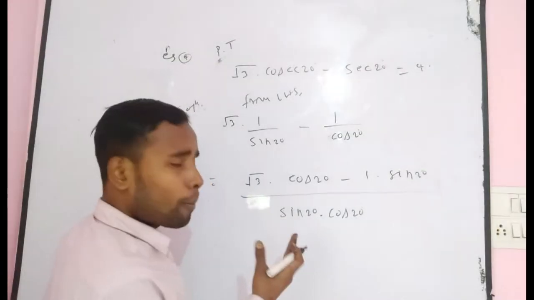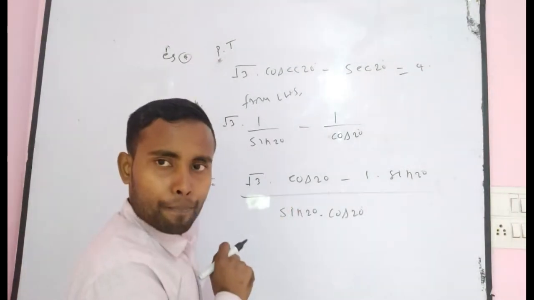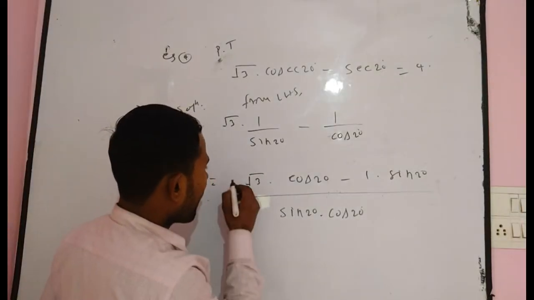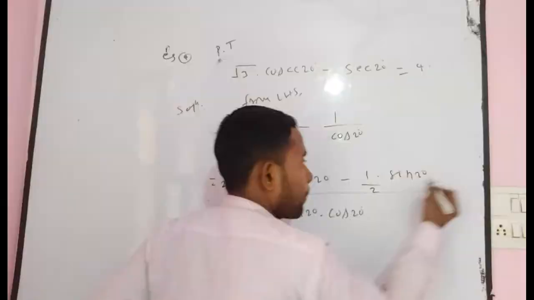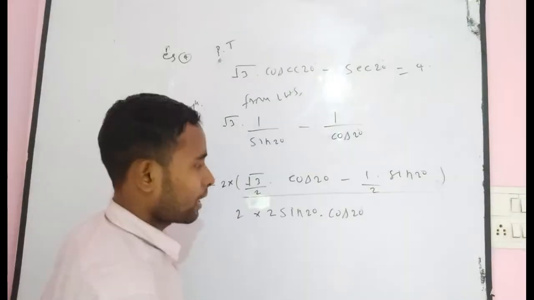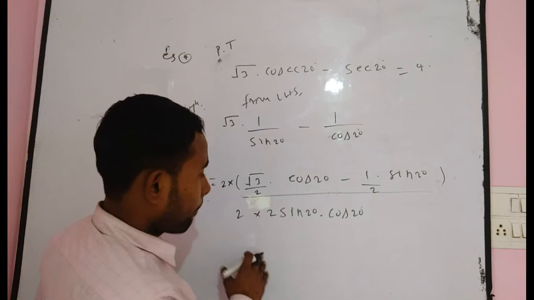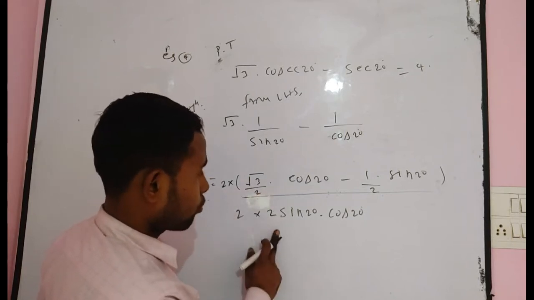Now you have to multiply and divide by 2 in both expressions, that means the numerator and denominator. Suppose I multiply by 2 and divide by 2, and similarly you also multiply and divide by 2 here. Suppose I have written 2 into 2 here, and here I have written 2 into 2.